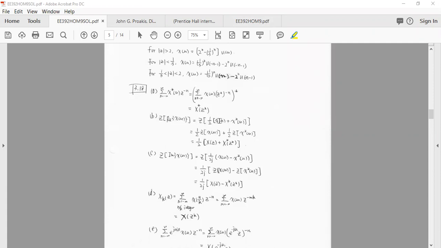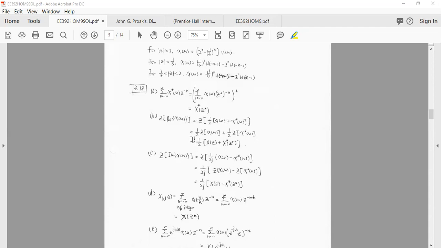And then the z transform of x of n is going to give us x of z, right? And then the z transform of x conjugate of n, based on the property that we have investigated earlier in part A. Using this property, we know that the z transform of x of n conjugate is going to give us x conjugate z conjugate, right?